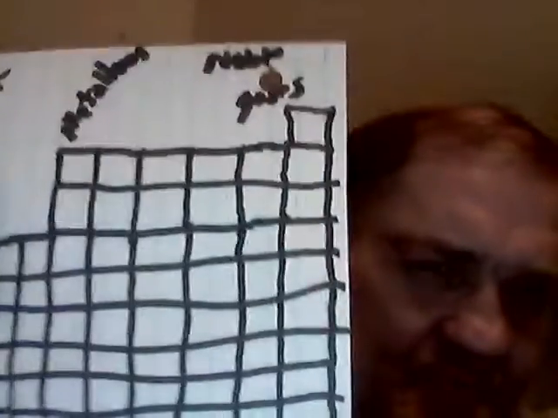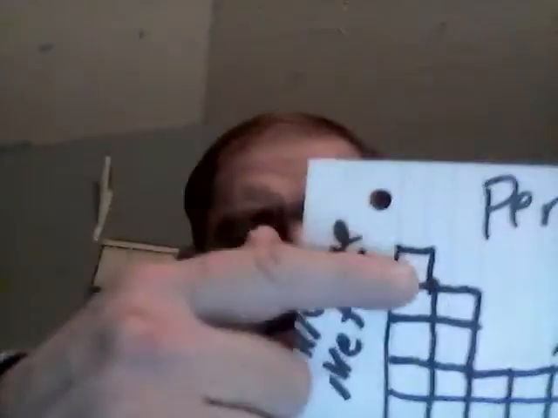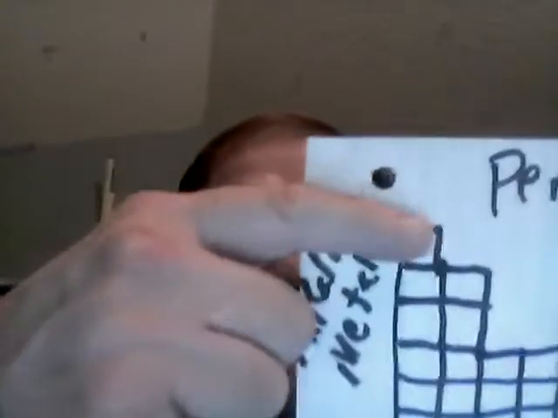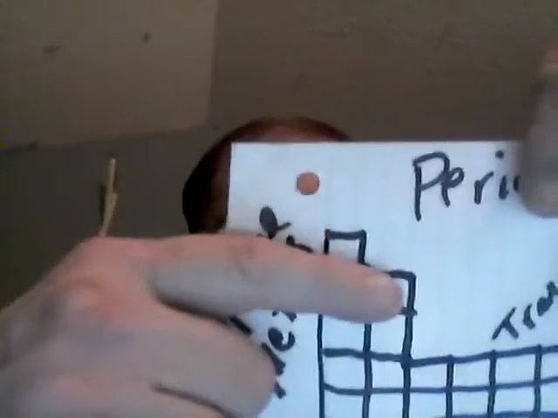Now, first, I'm going to try to put on the screen a periodic table. Okay? Hope that looks just about right. Starting off, on the periodic table, the way it works is this. This side right here is what you call the alkali metals.